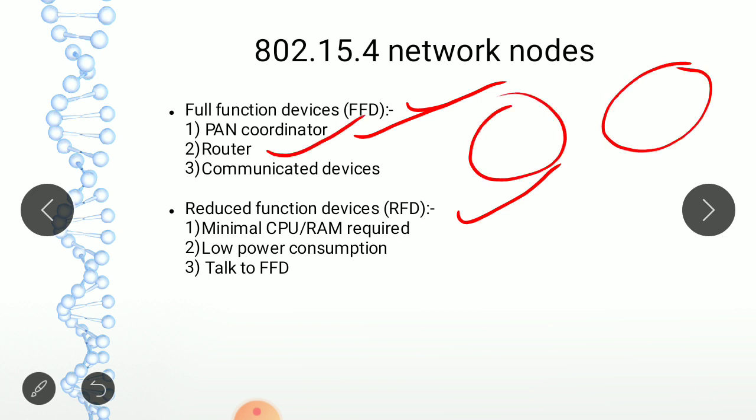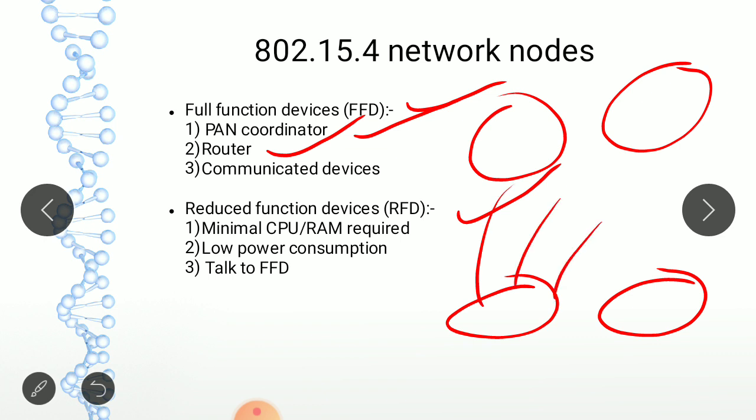Then there is the router, which creates the routing table and acts as a flow and control device, like in a computer network. With these two, FFDs communicate with the devices.